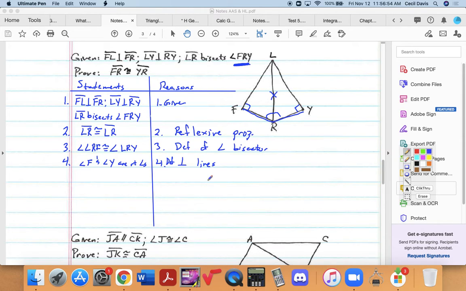Well, we do have the hypotenuses congruent to each other. This is the hypotenuse because it's across from the right angle. But do we have either of the legs congruent to each other? No, not yet. So one of the things to be careful of is when people learn HL, they want to use it all the time, anytime you have a right triangle. And it doesn't work on this particular one. We have to have something else.